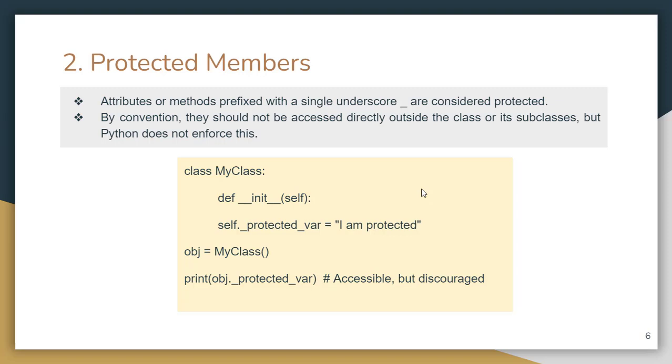Then we create an object for MyClass, obj = MyClass(), then print(obj._protected_var). It is a protected member, and we can use it inside the class and also in a child class or derived class by convention.